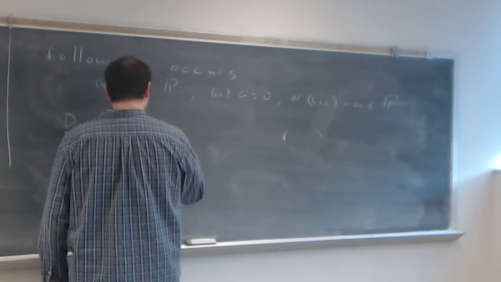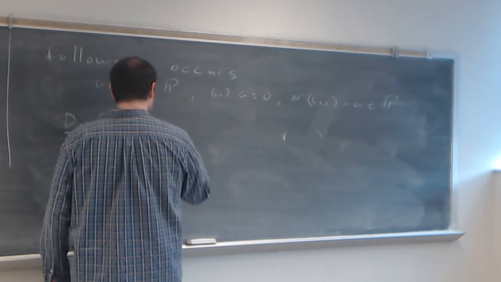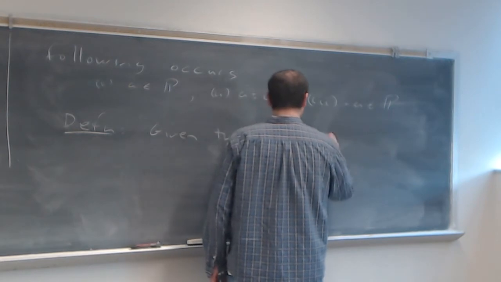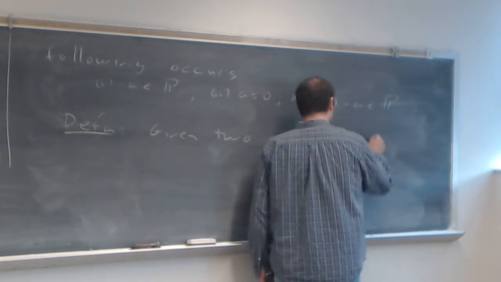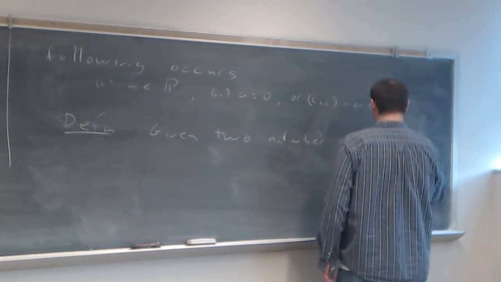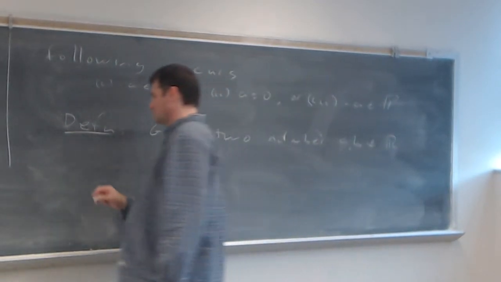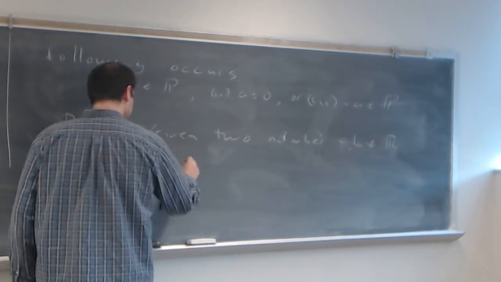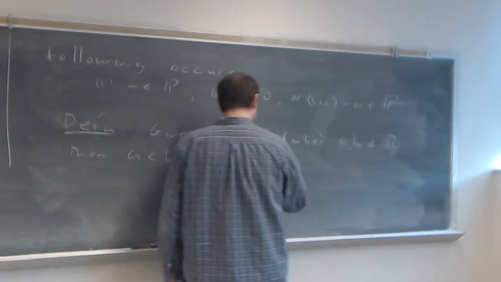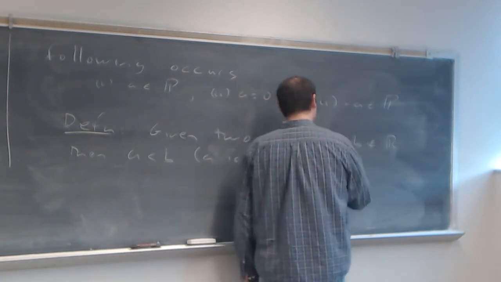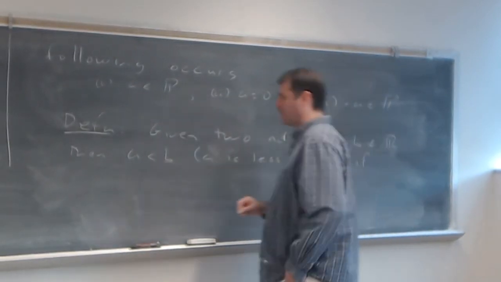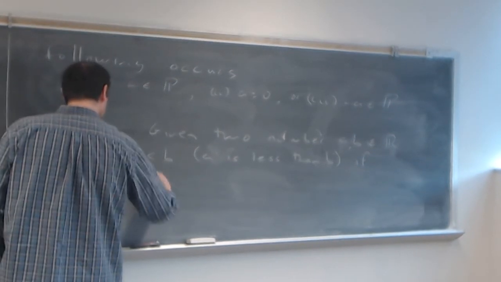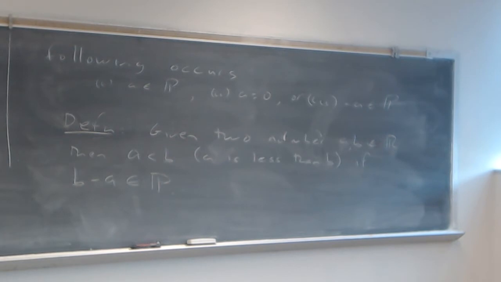Given two numbers A and B, and I'll say they're real numbers, then A is less than B if B minus A is a positive number. That's what we're going to define.